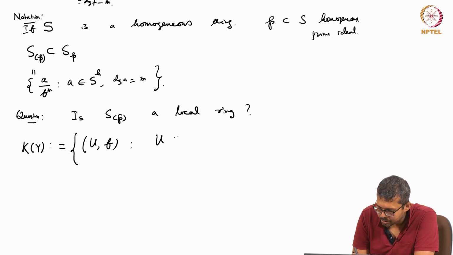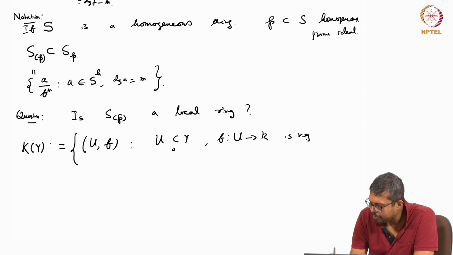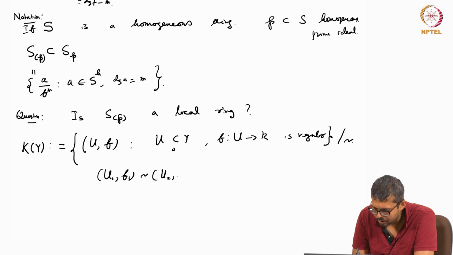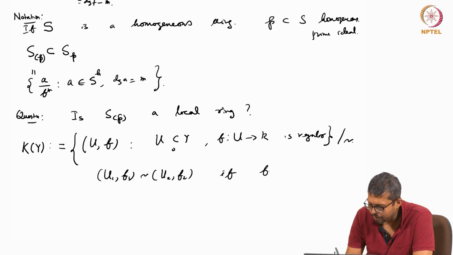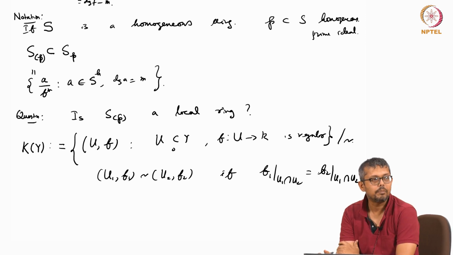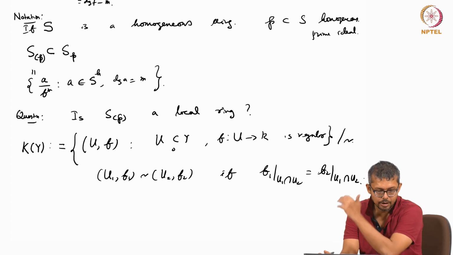Pairs (U, f) where U is an open subset in Y and f is regular, with an equivalence relation that (U1, f1) is equivalent to (U2, f2) if f1 restricted to U1 intersection U2 is the same as f2 restricted to U1 intersection U2. This was the function field.